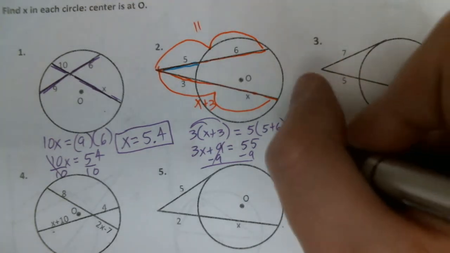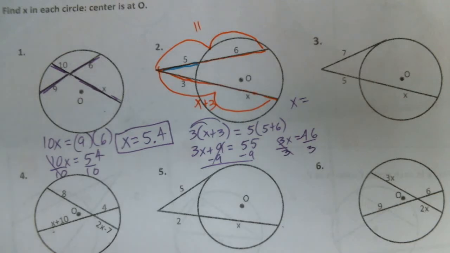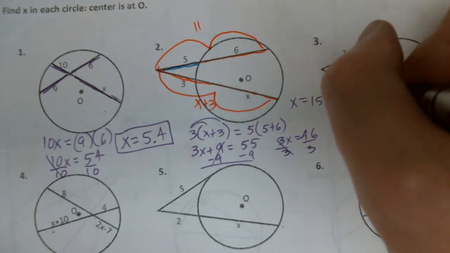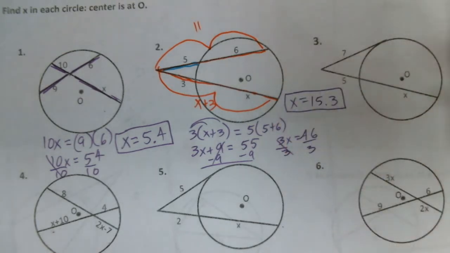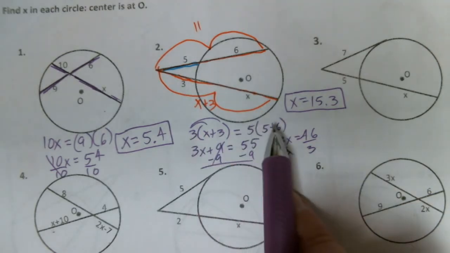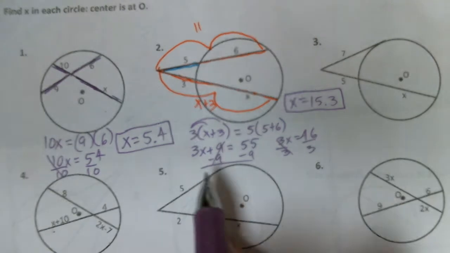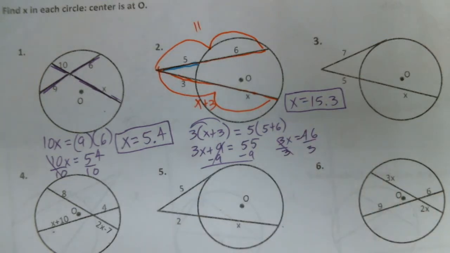Divide by 3, and x is equal to 15.3. Okay, I'll stop there and make sure you guys catch up. Whole times exterior equals whole times exterior. Set up your equation and then just solve for x.